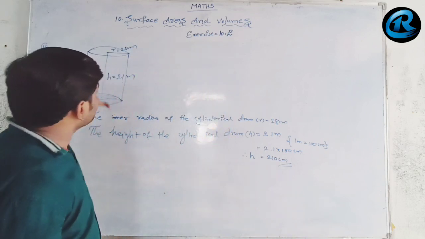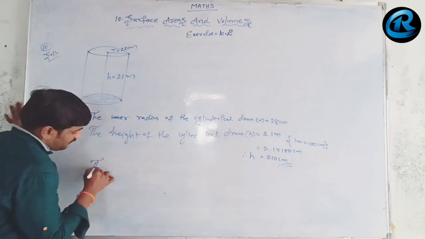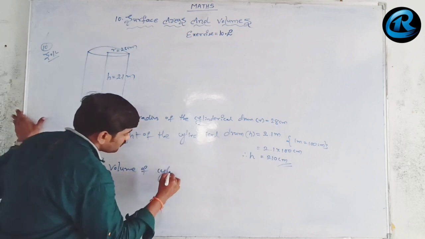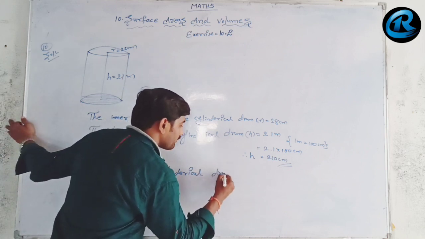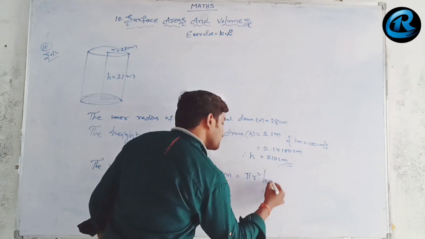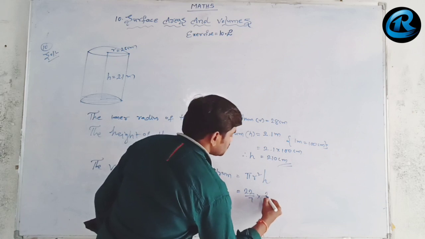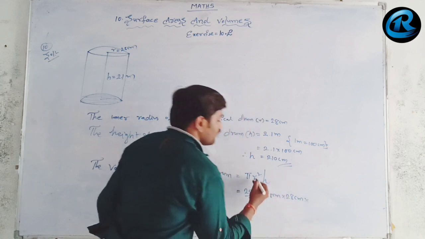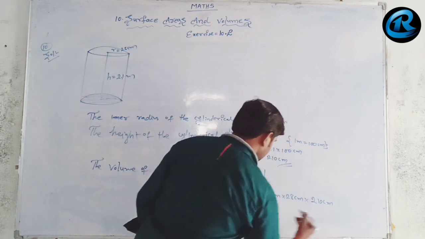And now we need to find out the volume of the cylindrical drum. The volume of a cylinder is pi r square h. Pi is 22 by 7, r is 28 centimeters into 28 centimeters, because it is r square, into h, that is 210 centimeters.